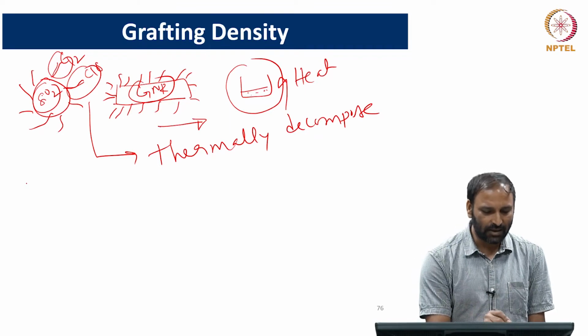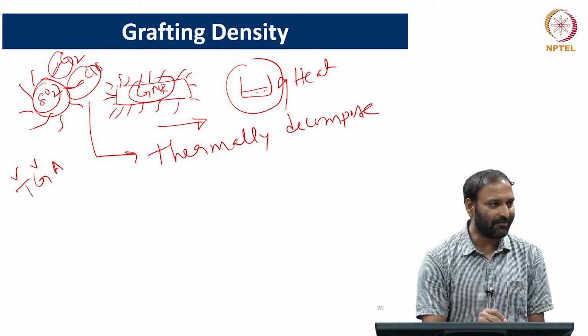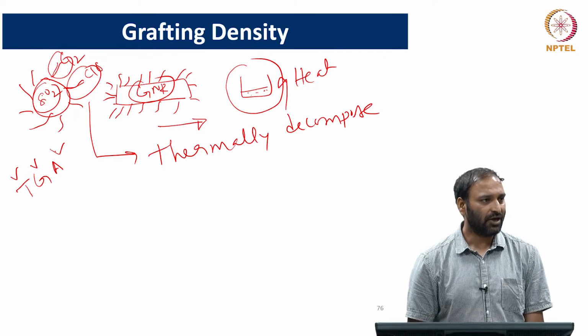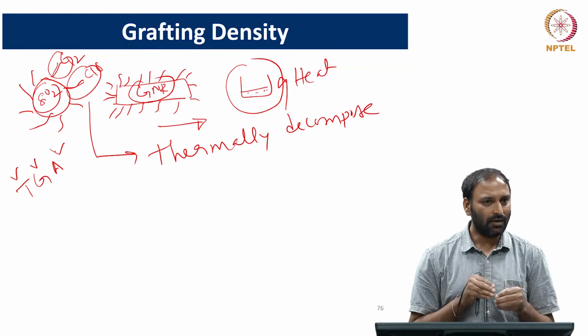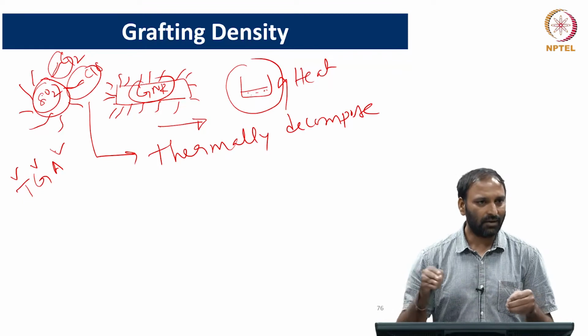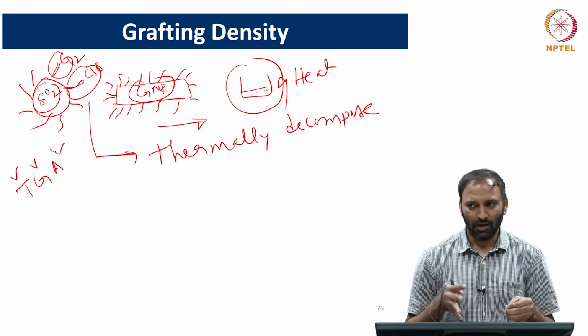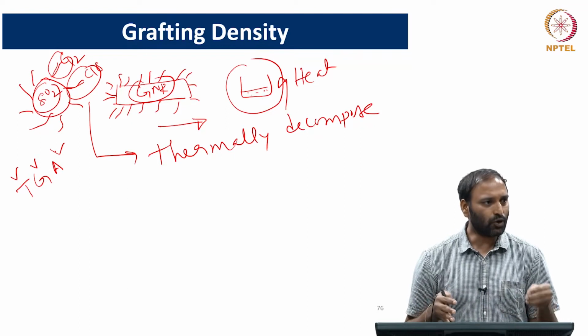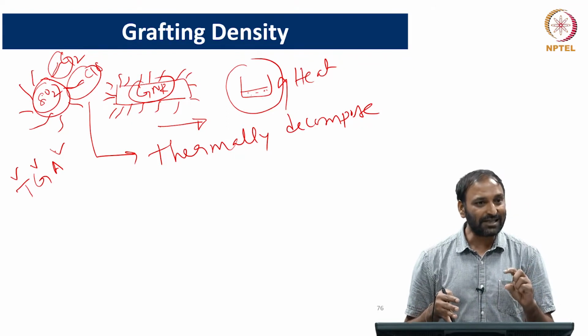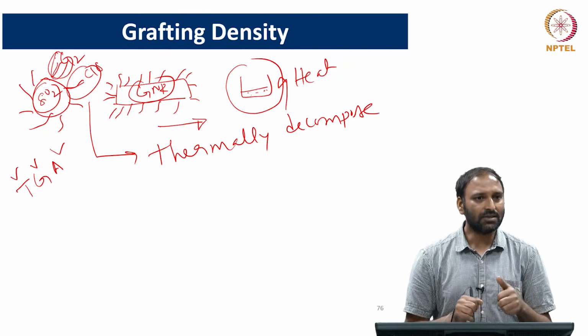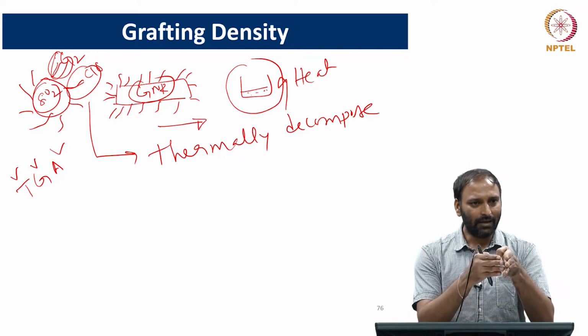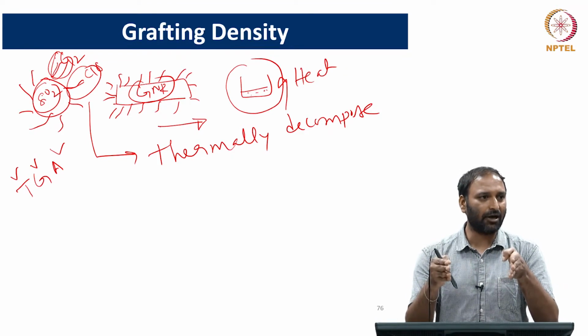Because you have particles of known mass, you can use a technique called TGA, thermogravimetric analysis, in which you take a sample and heat it at a controlled rate, controlled temperature. As you do that, you look for the change in the mass. These molecules start decomposing at a particular temperature and their decomposition ends at a particular temperature.